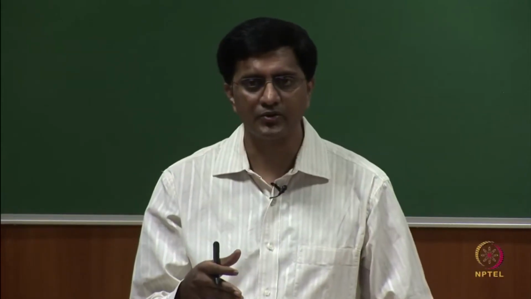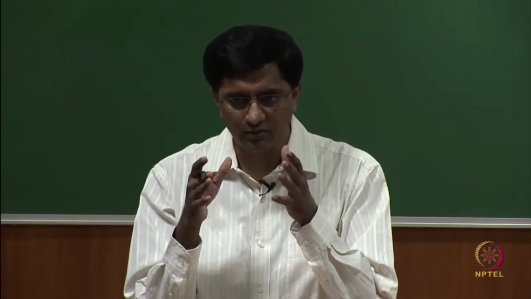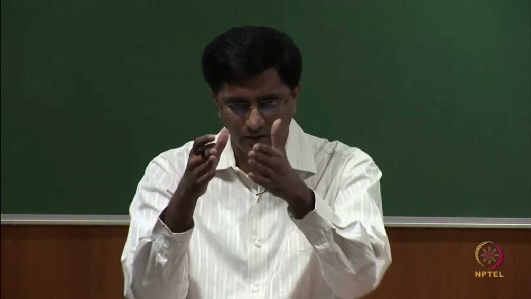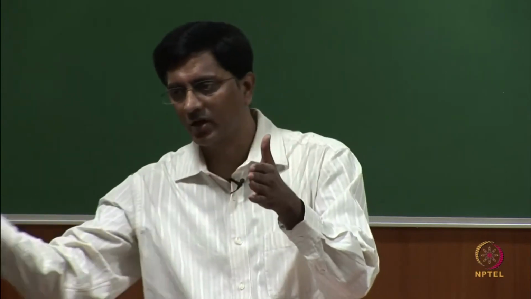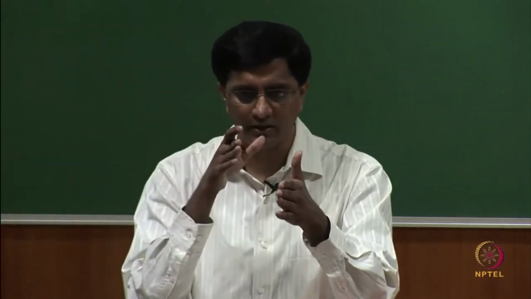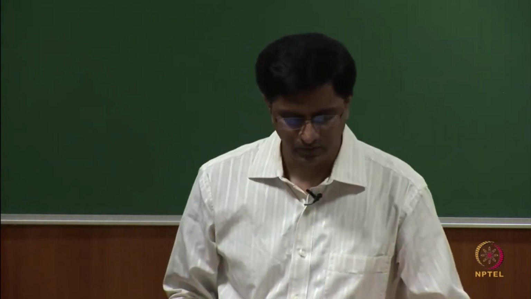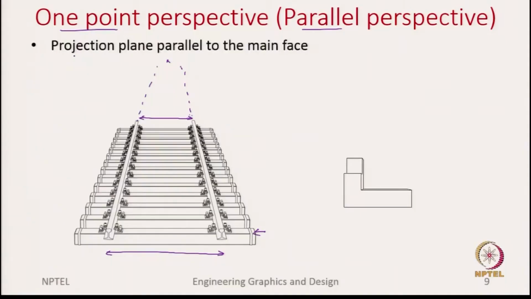In this example of the railway track, we are assuming that we are looking onto the railway track right in front. We are not stepping out of the railway track and looking from the side, but right in the front. This is where we say the projection plane is parallel to the main face. For example, here we depict the object we have been continuing to see in this lecture. Here it is hard to see the depth dimension, sorry for that, but you focus more on the front view.